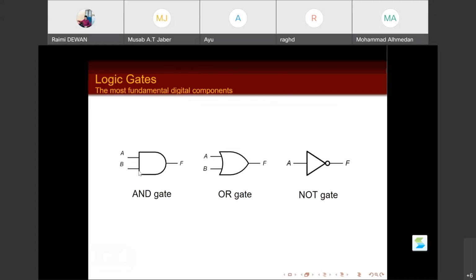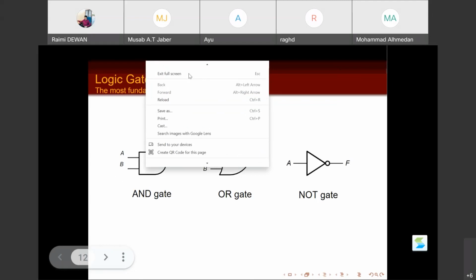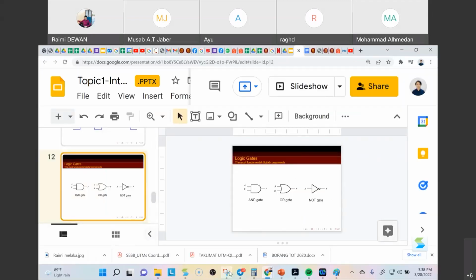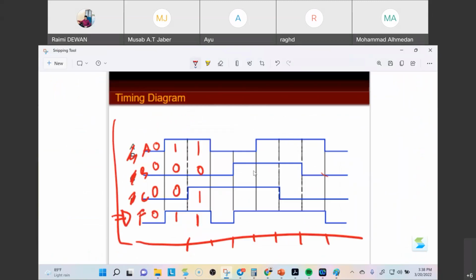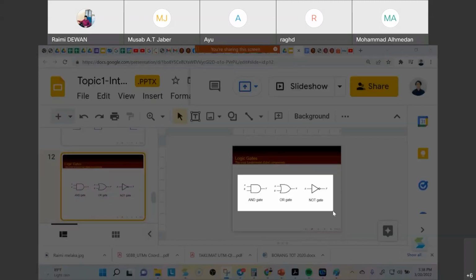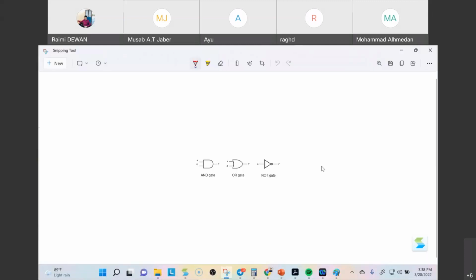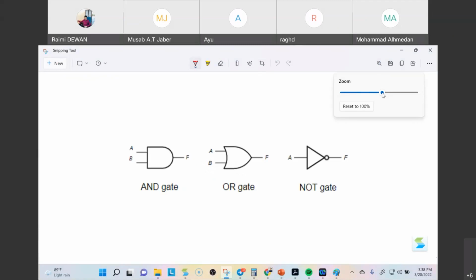For the AND gate, both of the inputs must be 1 in order to have an output of 1. Your inputs are A and B, with the variations 0,0, 0,1, 1,0, 1,1. Then you have your output, that's F.